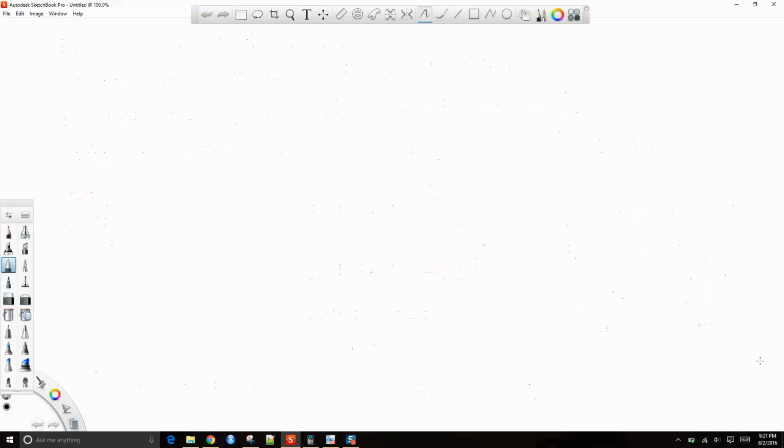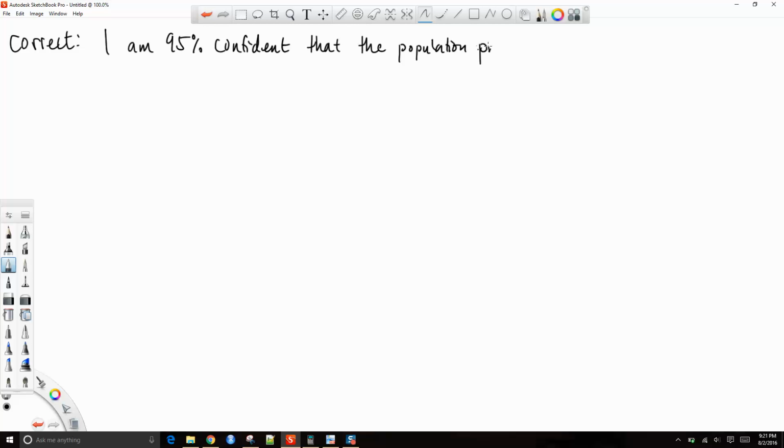So again, the correct statement is I am 95% confident that the population proportion P is between 0.127 and 0.233. Okay? All right, things that are wrong.